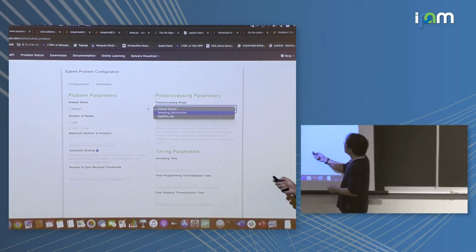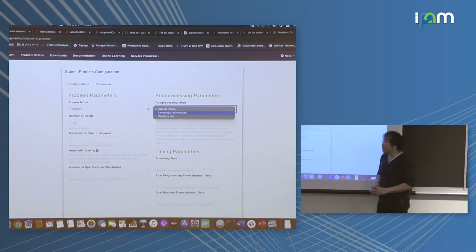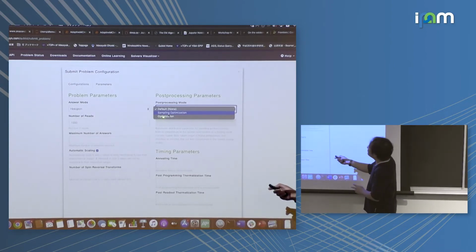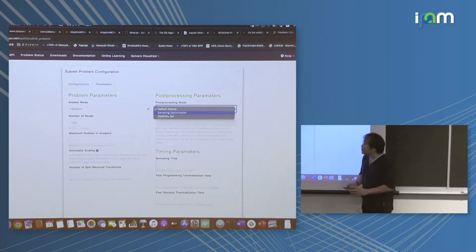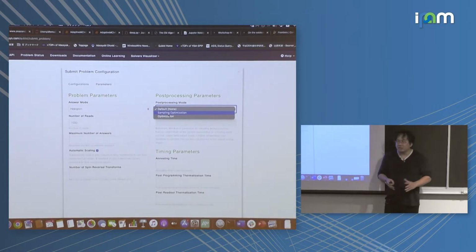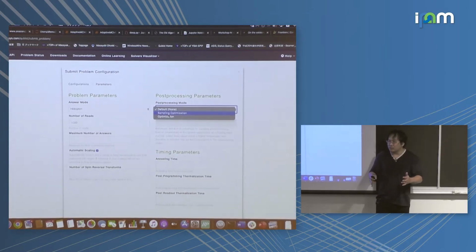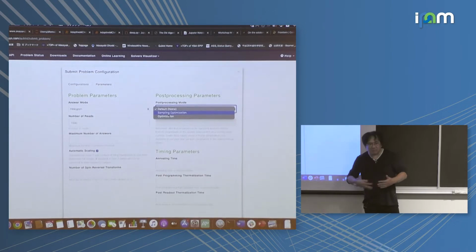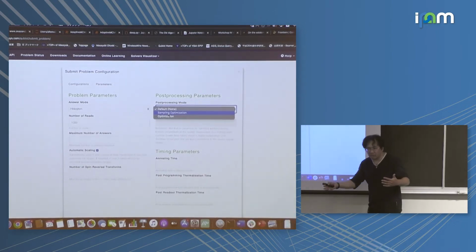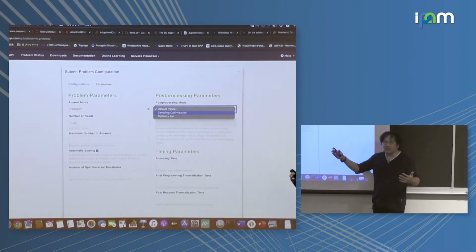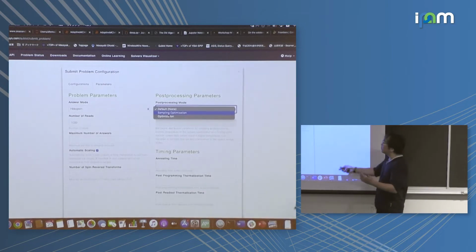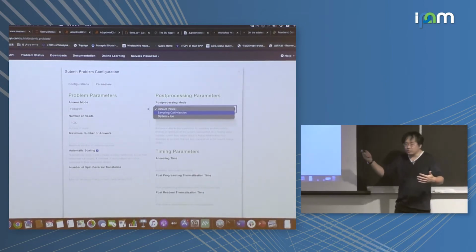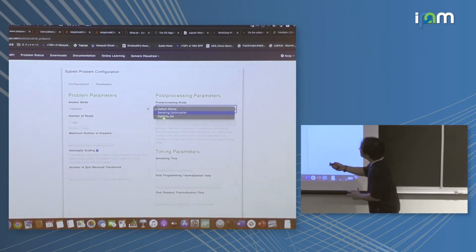The default is raw data from the D-Wave 2000Q, and you can choose the sampling mode. In sampling mode, this device, the D-Wave 2000Q, generates a sampling sequence of spin variables following the Gibbs-Boltzmann distribution. So therefore, we can use it as a very quick sampler. And here is the optimization mode.